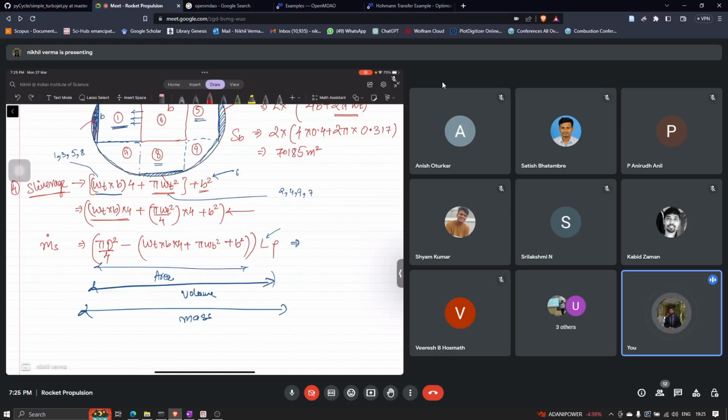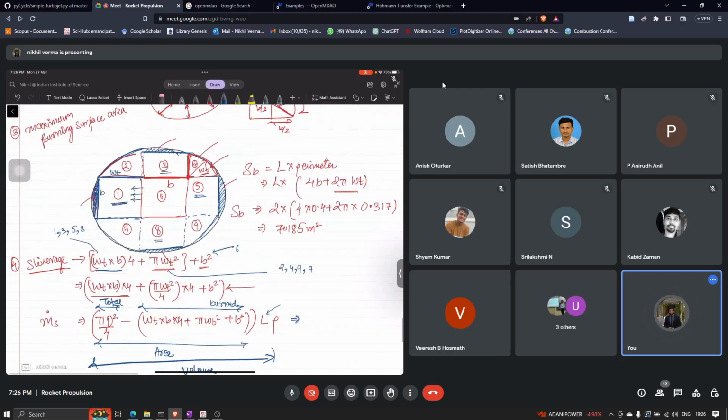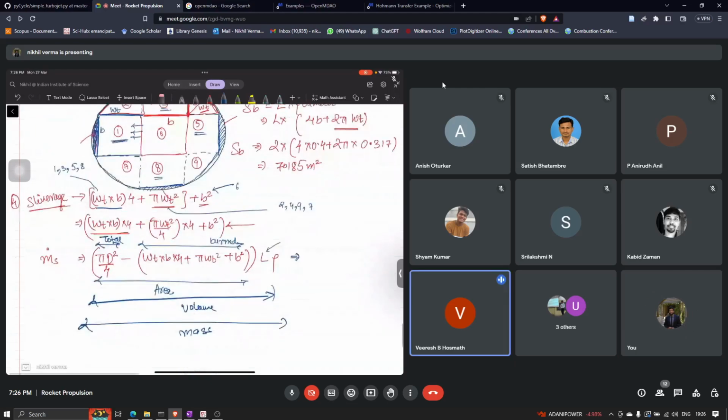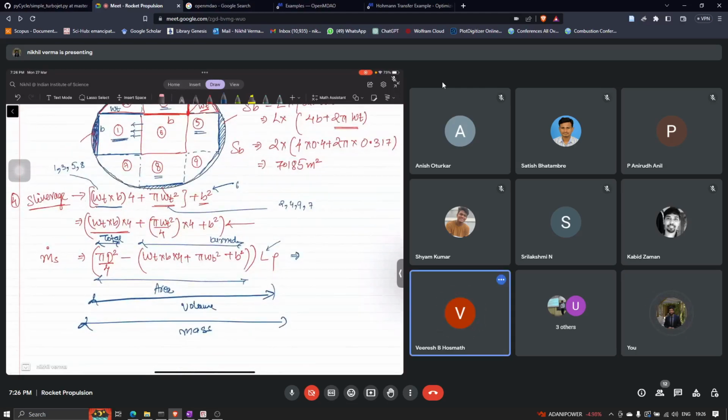This is the area that is burnt. This is the total area enclosed by the circle. Okay, this complete circle is pi d square by 4, right? Yes, sir.